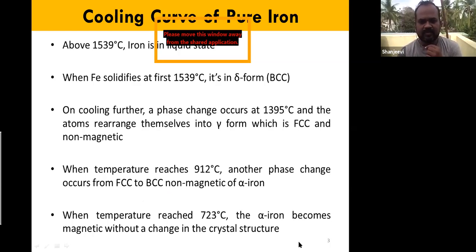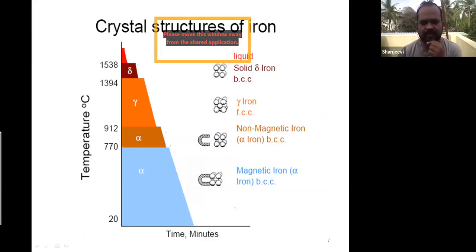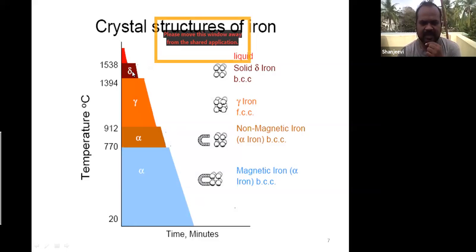Yes, you can see this crystal structure of iron. This is a schematic diagram. Now, the same thing I have said: this is the melting point, where 1539 degrees Celsius or above is completely liquid. You can see this part, it is liquid. When you are dropping the temperature further, one new phase forms, that is delta ferrite.